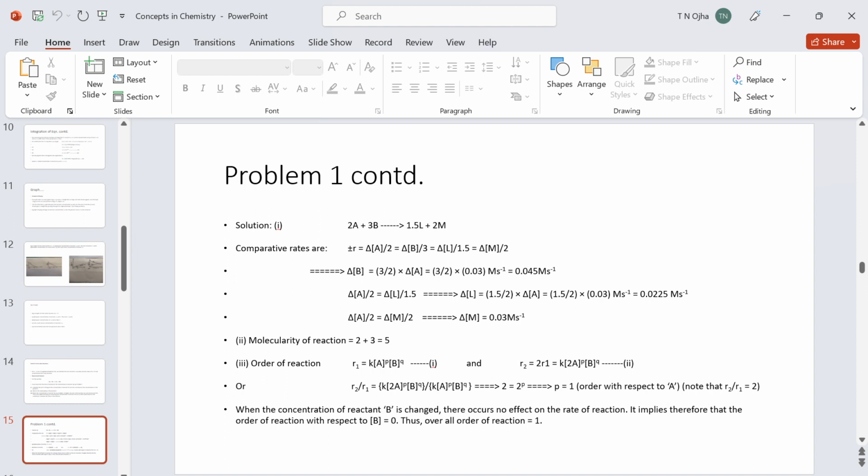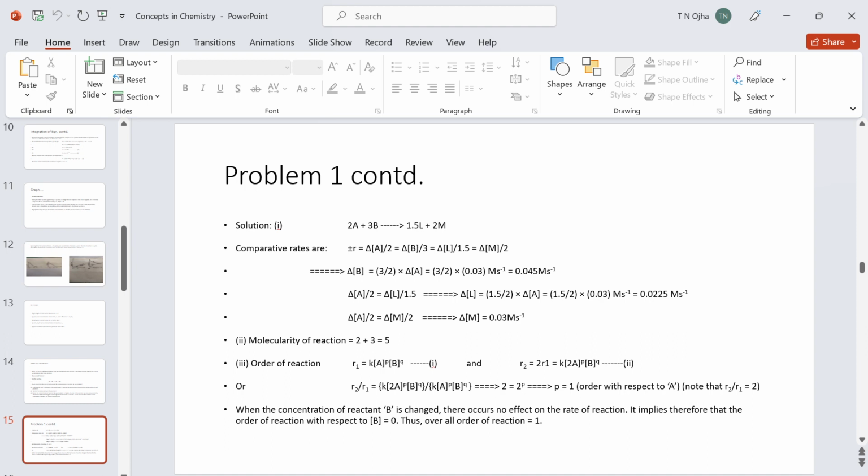Now, regarding order of reaction, R1 equal to k, A raised to power p, B raised to power q. Similarly, R2. It has been given that when concentration of reactant A was doubled, the rate was doubled. When reactant concentration A was tripled, the rate was tripled.